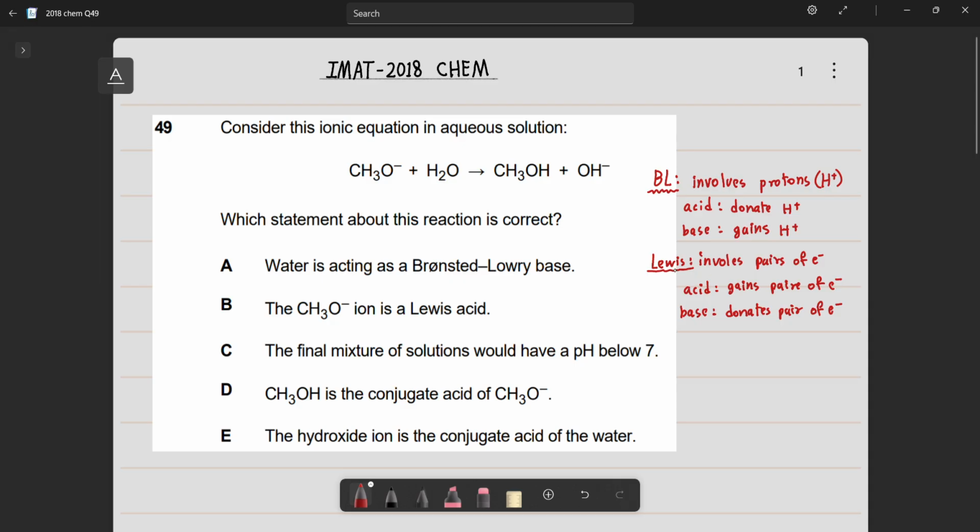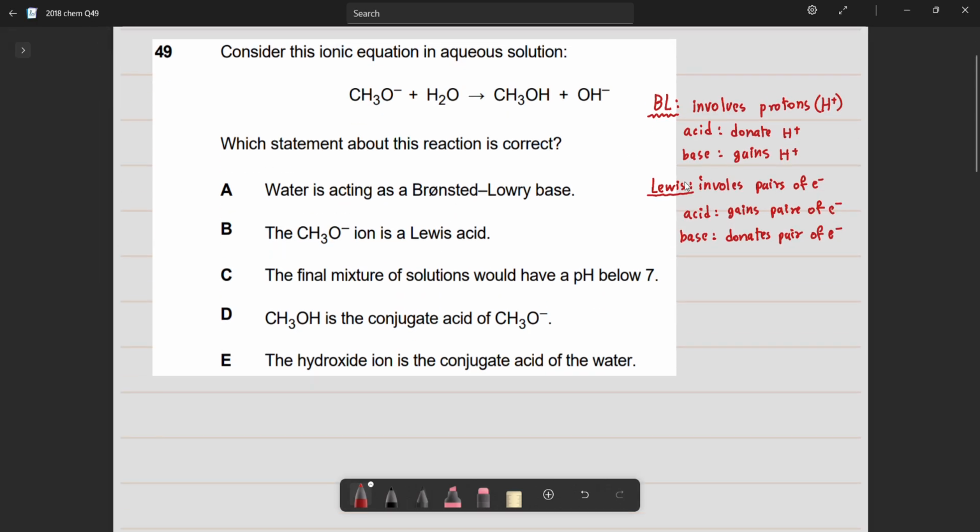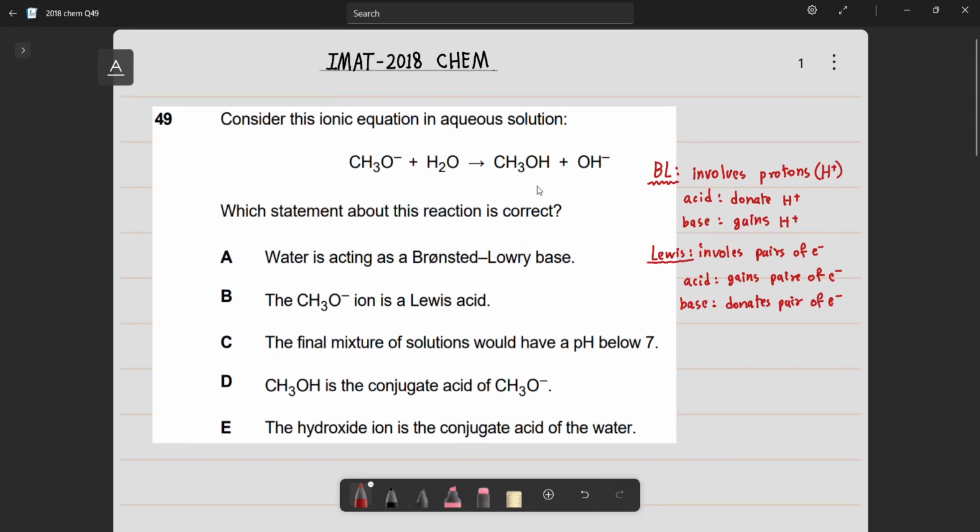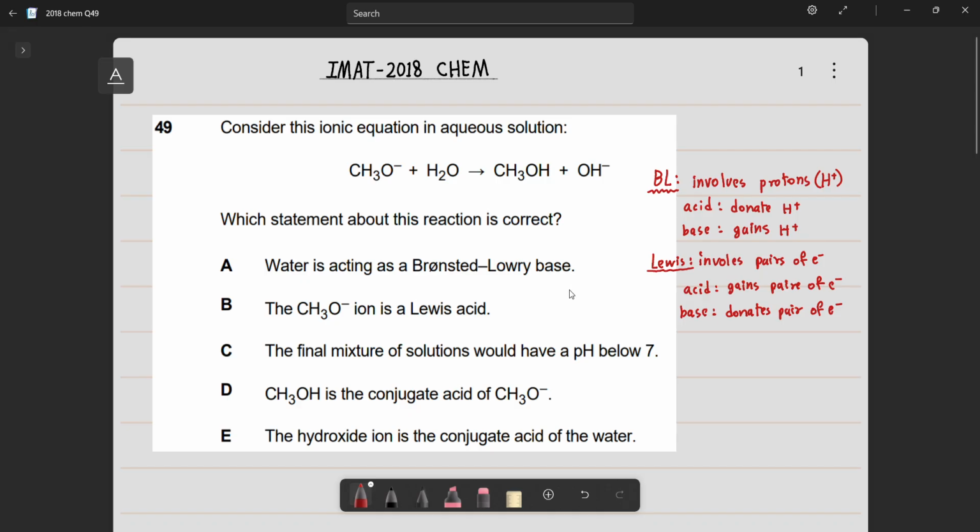This is mainly included in Lewis acid and base, whereas Brønsted-Lowry mainly involves the transfer of protons only between acids and bases. We must also know that if one species is considered a Brønsted-Lowry acid, it can also be considered a Lewis acid. We'll discuss that after we construct the mechanism for this reaction, so that we can clearly identify the transfer of electrons and protons.